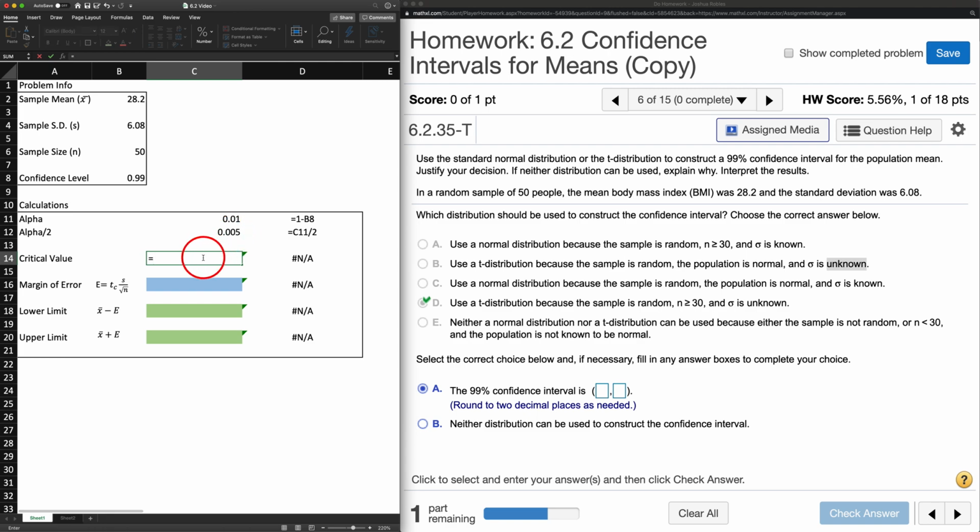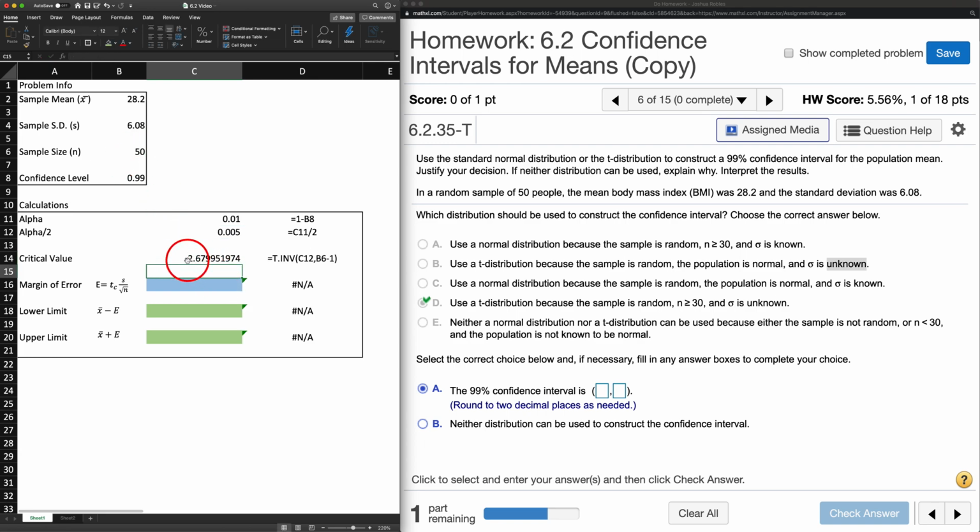And we'll find the left-looking tail first. So it's going to be a T.INV. The probability is how much is in that tail, and the degrees of freedom is the sample size minus 1, or 49 in this case.